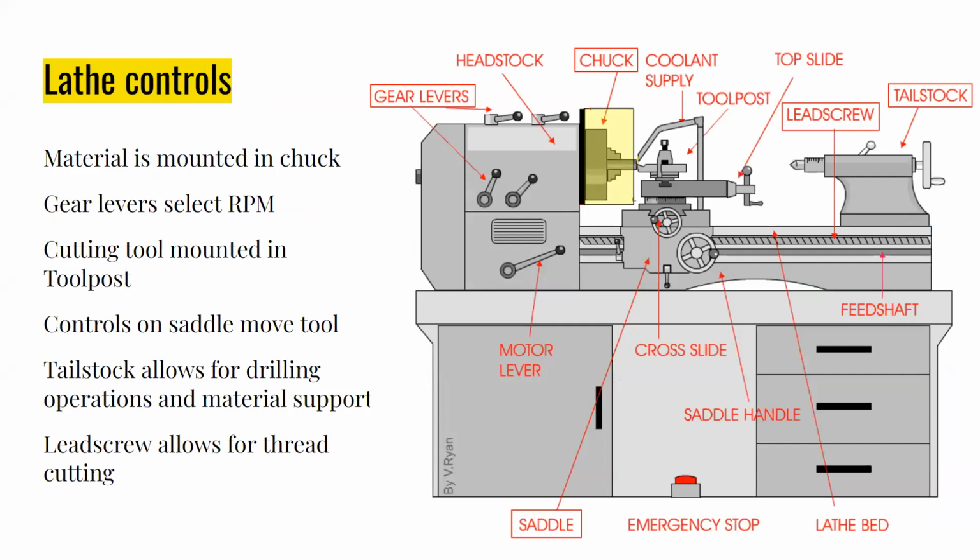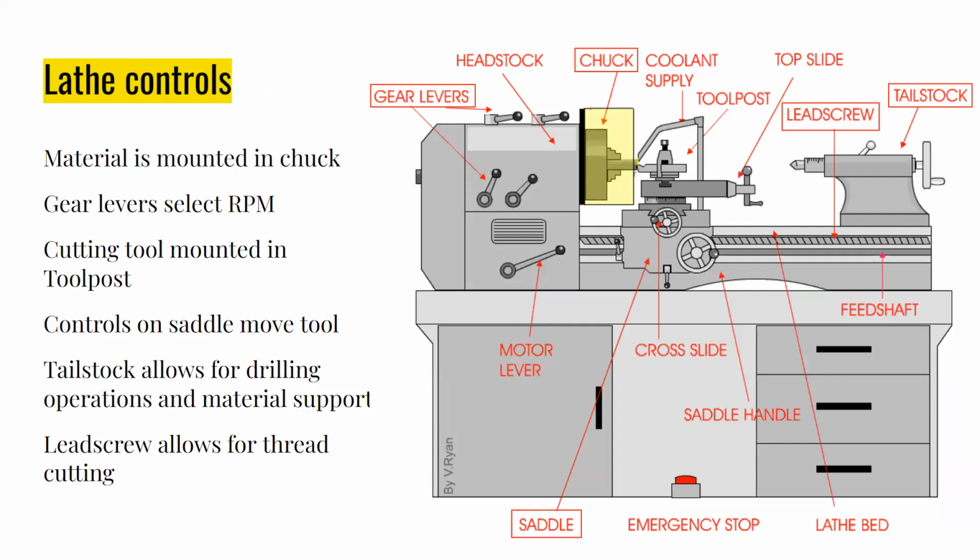Lathe controls that you'll usually see on a manual lathe are going to be a chuck where your material gets mounted, gear levers to select your RPM for what rate your materials are going to be turning at, a cutting tool that's going to get mounted in your tool post.